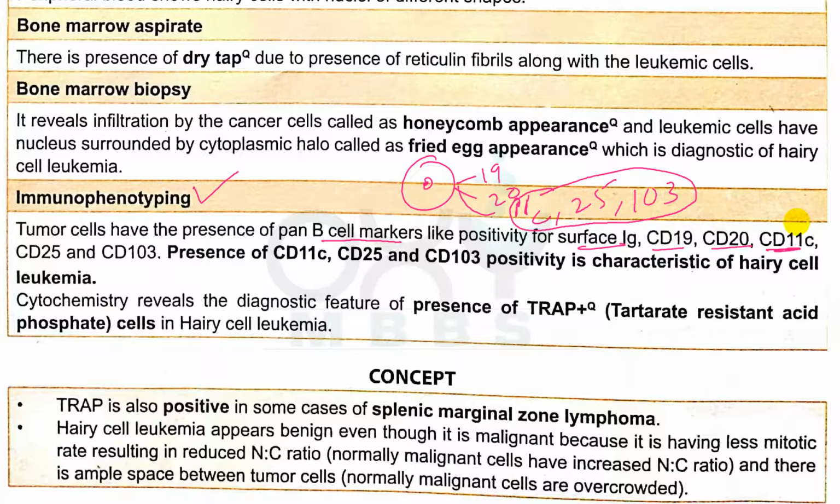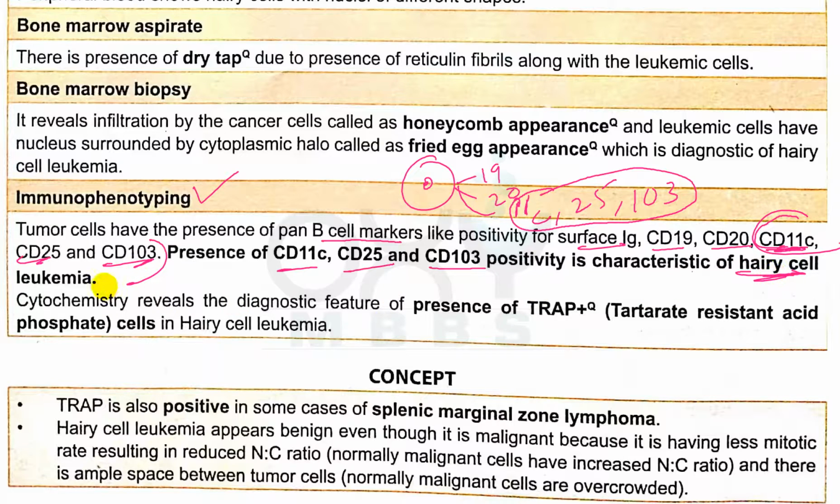CD11c is not present in the B cell, but it is present in the hairy cells. CD11c, CD25 and CD103, and these all three are present only in the hairy cells.